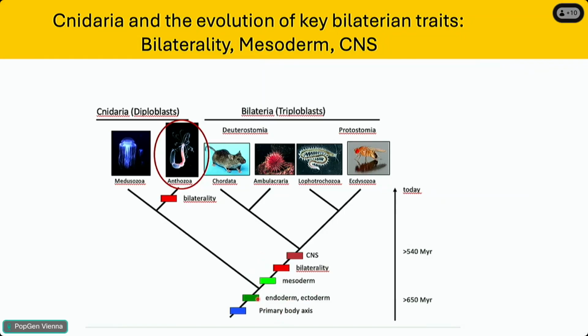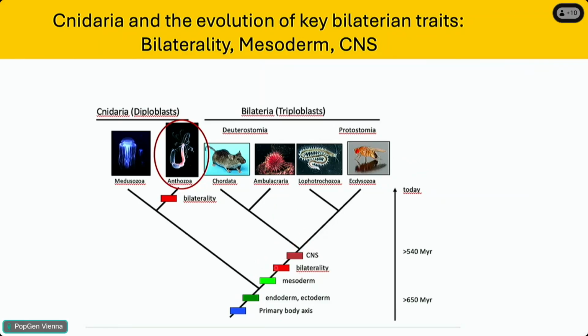And given that 31 out of the 35 described animal phyla are comprised in the bilaterians, there's an enormous radiation of body plans that went along with the onset of bilaterians.